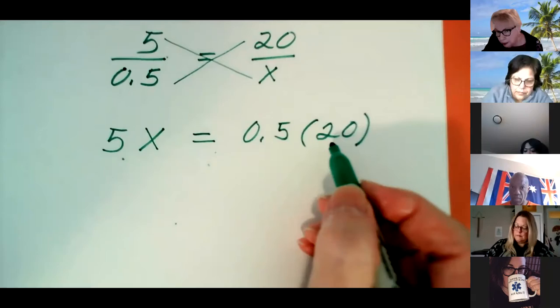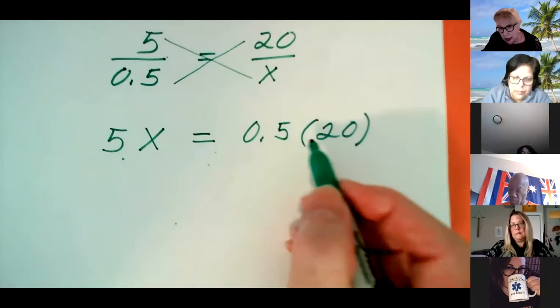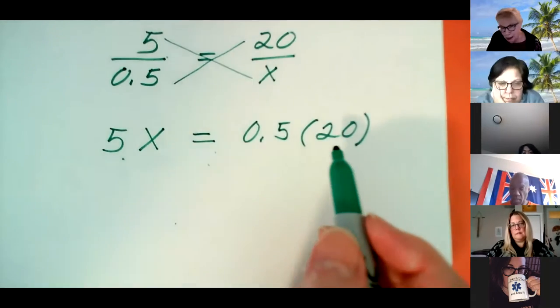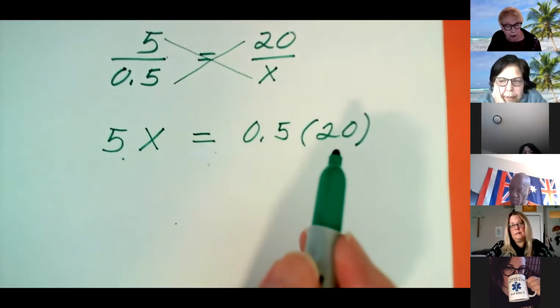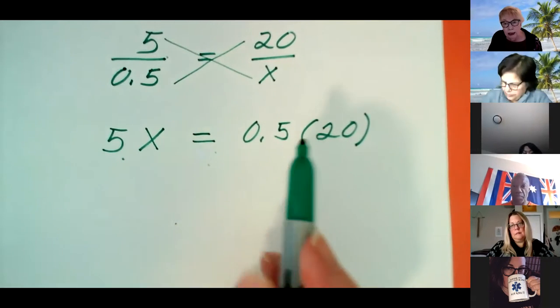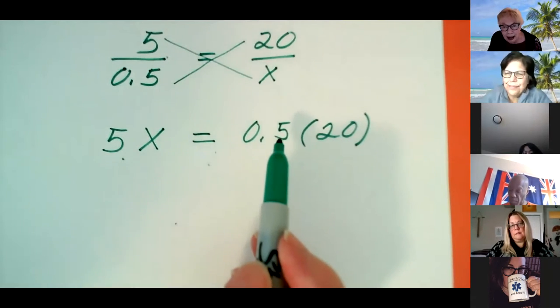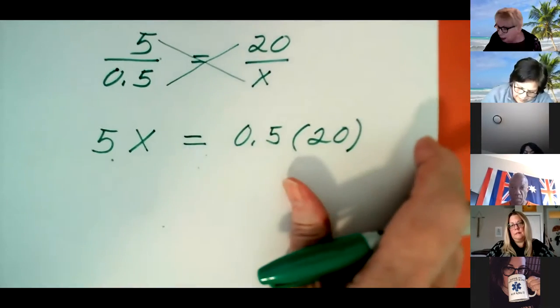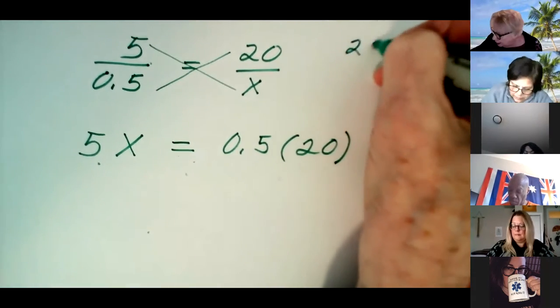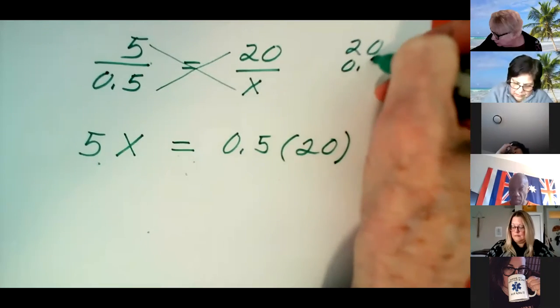Now, I need to deal with this. I need to get this exactly right. But if you think about it, you can do this out, and I will. But 0.5 is half, and half of 20 is 10. But let's say you didn't notice that.